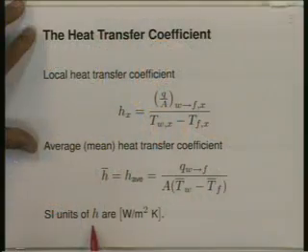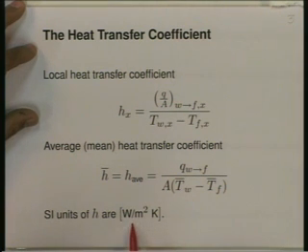We should remember that the SI units for the heat transfer coefficients are watt per meter squared Kelvin. Heat transfer coefficients hardly ever go below a few watt per meter squared Kelvin. So we never have any reason for using milliwatt or microwatt.